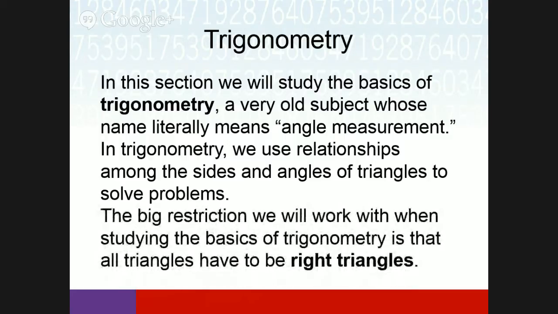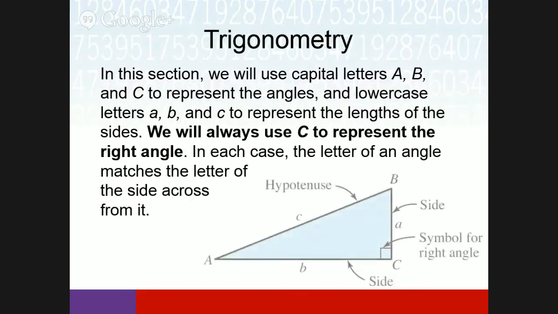The big restriction we'll work with when studying the basics of trigonometry is that the triangles have to be right triangles. If you took a trig course, which is a full semester of coursework, you go into different types of triangles. But for this course, we're only going to look at right triangles, so one of the angles has to be 90 degrees. With one angle being 90 degrees, we have 2 other angles to talk about in a triangle.